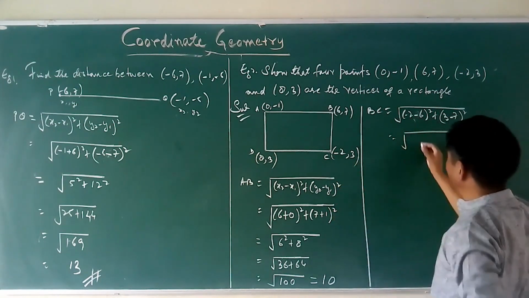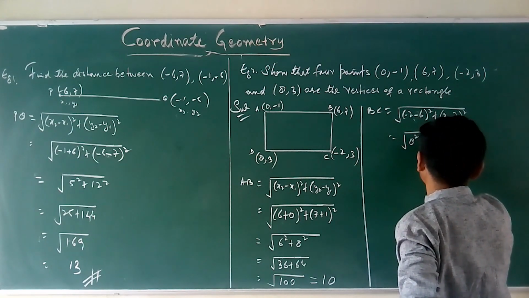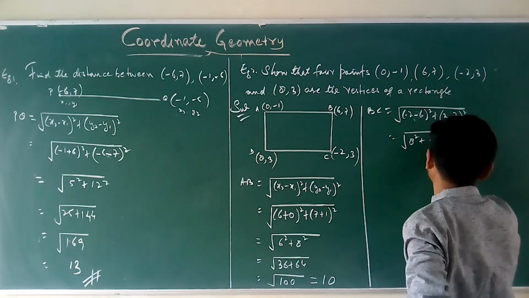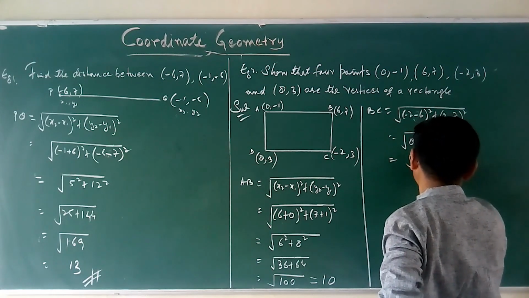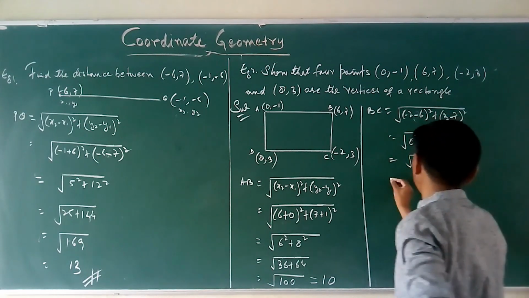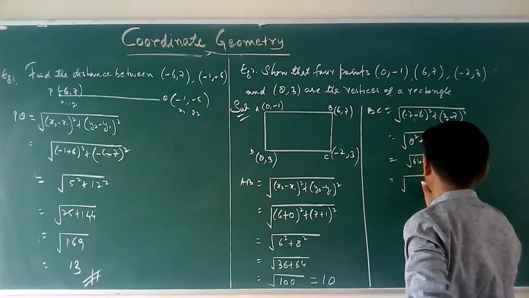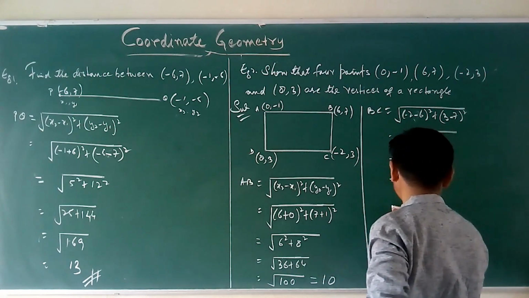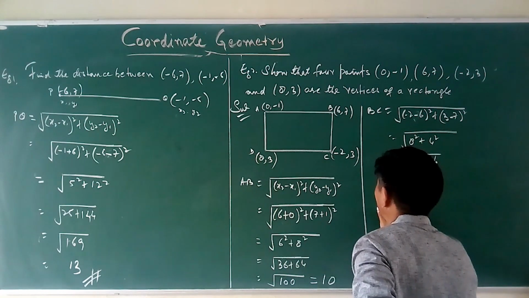So 8 square, 64, plus 4 square, 16. Equal to 64 plus 16, which is 80. Next, CD.